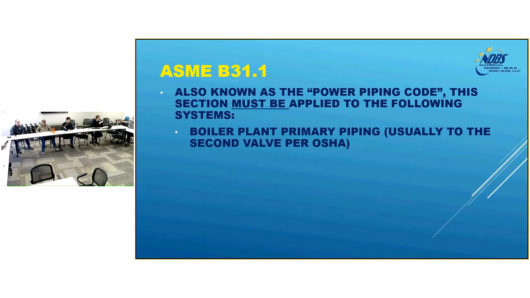That piping from that boiler to that second valve has to meet B31.1 requirements, and most manufacturers will provide those for you. Any steam distribution system, so you get past that second valve, anything above 140 psi requires compliance with this code.